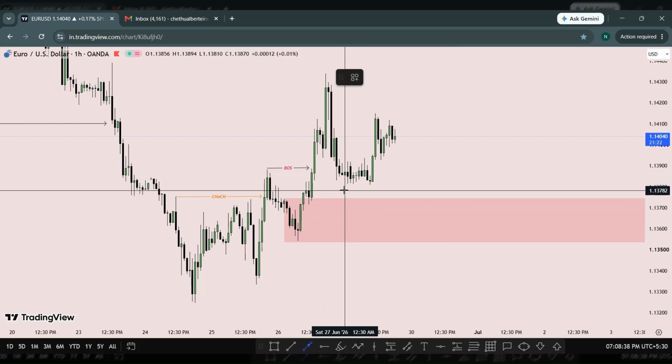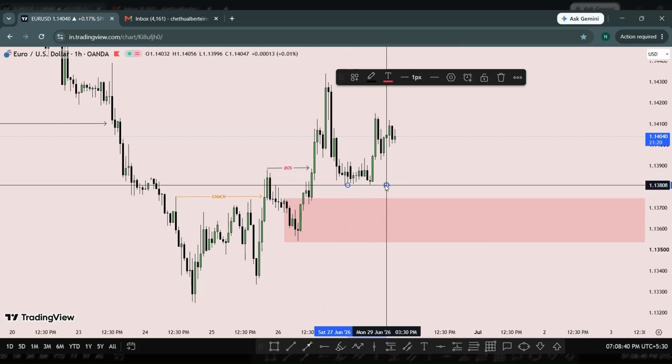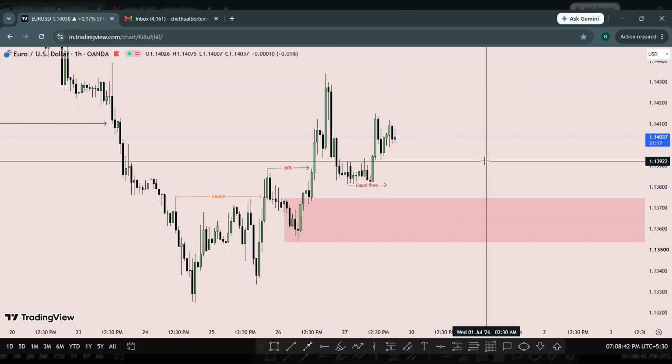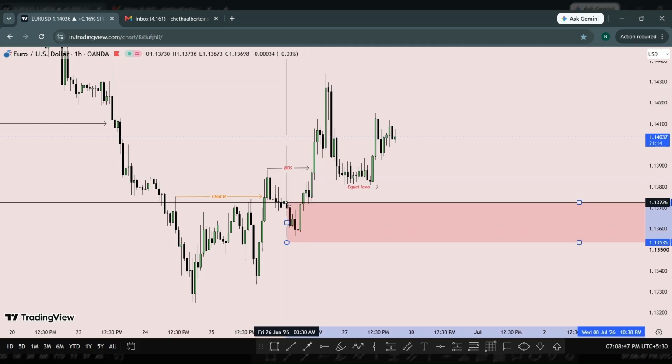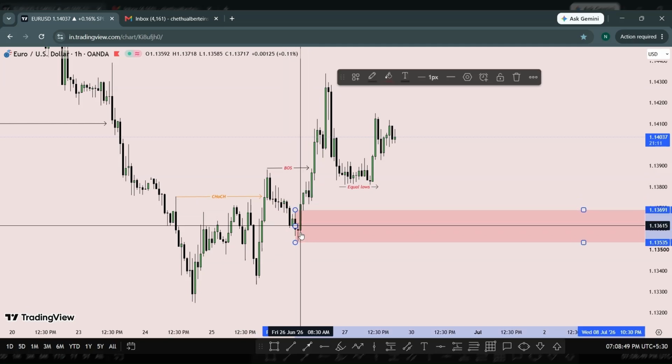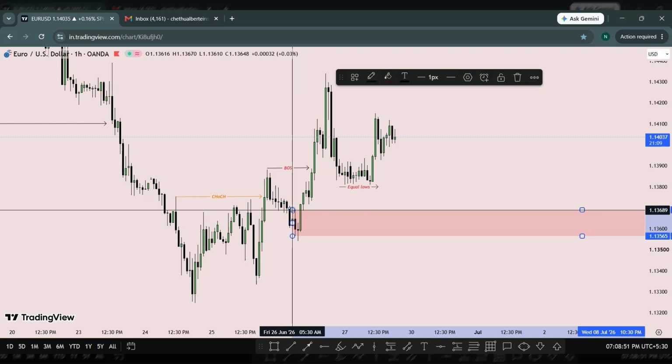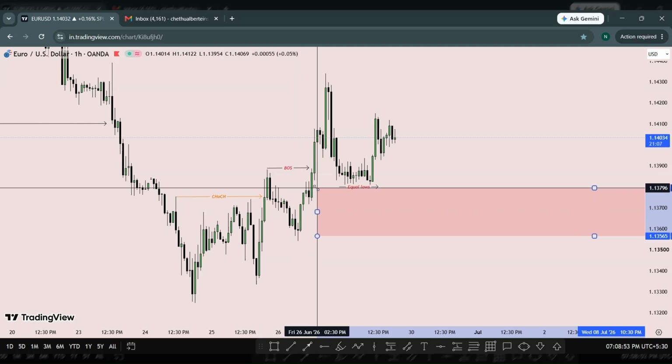Now, you can see equal low here, and a strong fair value gap here. If price taps on the fair value gap after taking all liquidity or the equal low, I will buy and put my stop loss below the swing low.